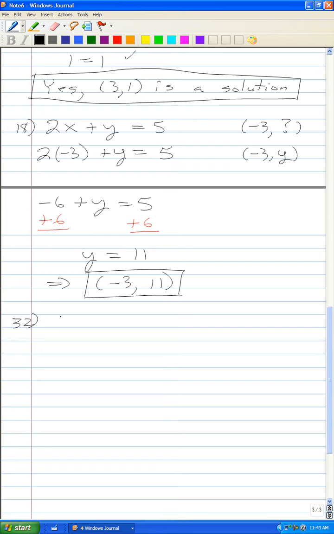So I have here the following table: x, y; -1, 3; and 2, -1.